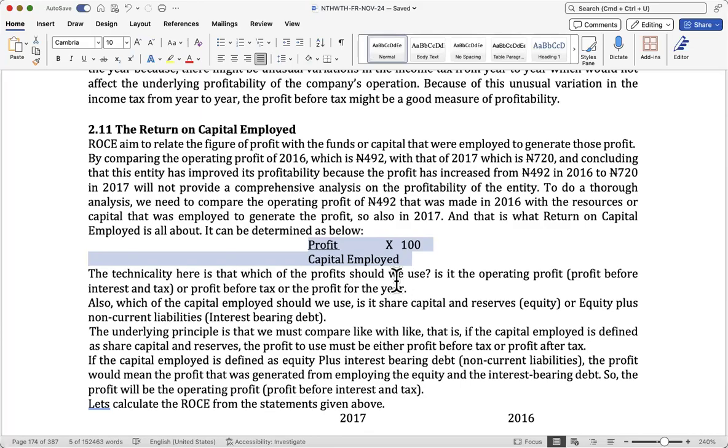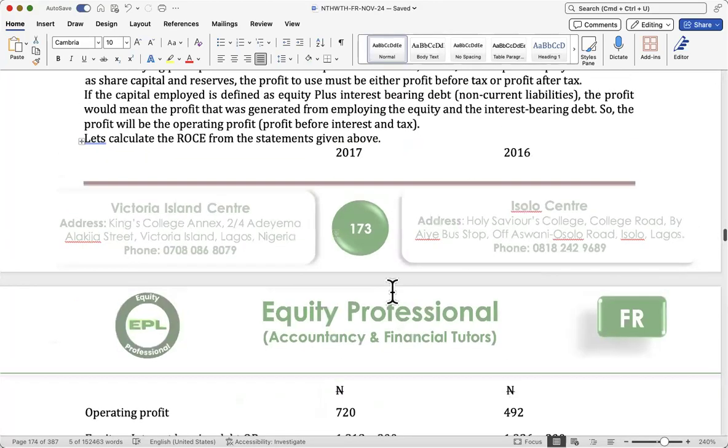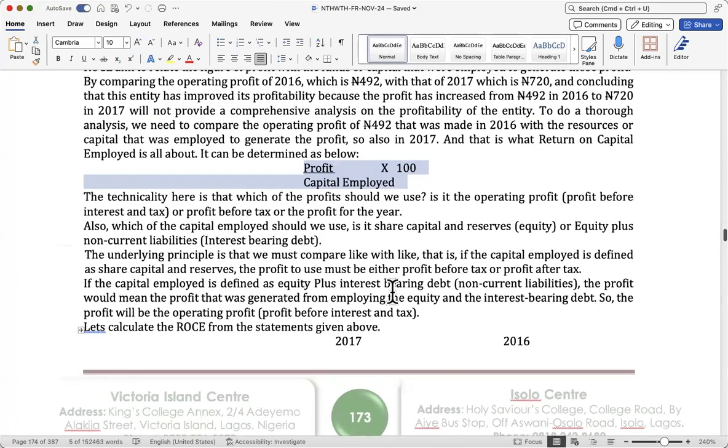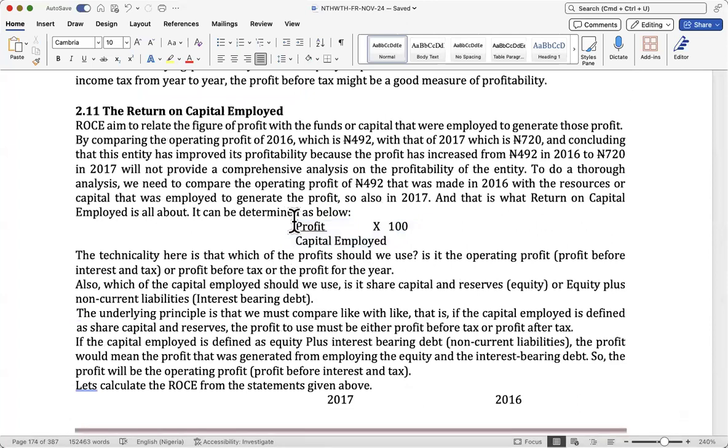Now, when calculating return on capital employed, the major challenge, or the technicality we usually have, is looking at this formula, which is profits all upon capital employed multiplied by 100. The challenge is this: which profit are we going to use?